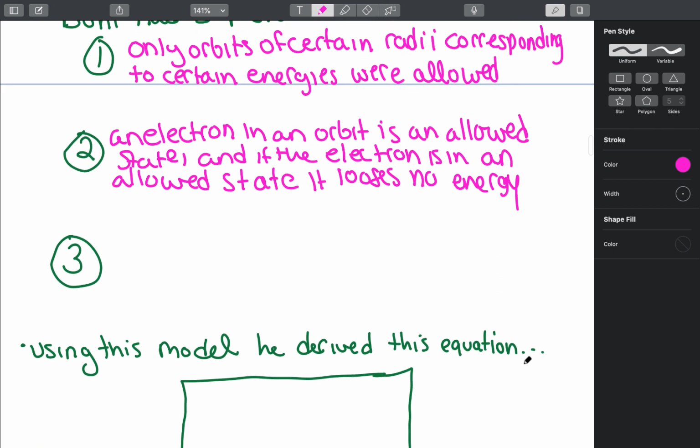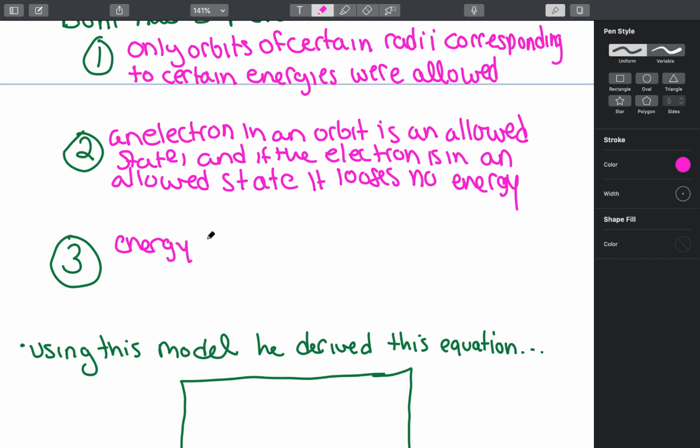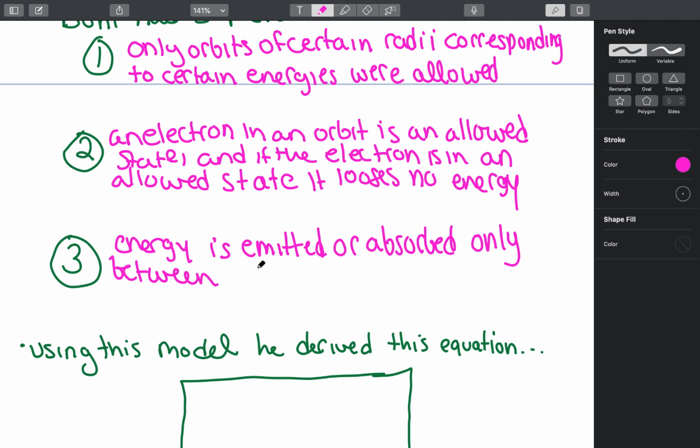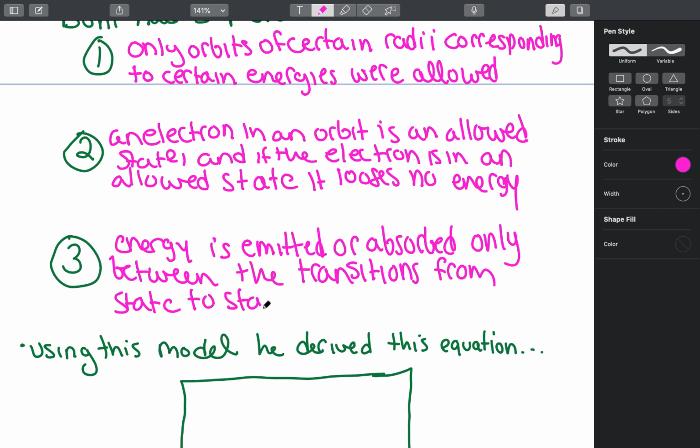And then the last postulate is that energy is emitted or absorbed only between the transitions from state to state. So those are his 3 postulates.